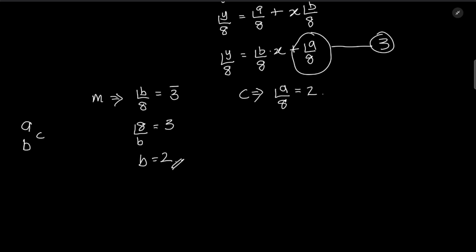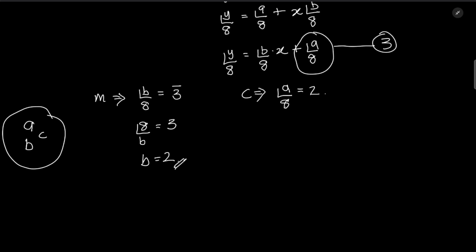So again, thinking about the arrangement here, what we're asking is 8 power 2 is what? So 8 squared is what? Well, 8 squared is 64. So a equals 64. And that's our answer.